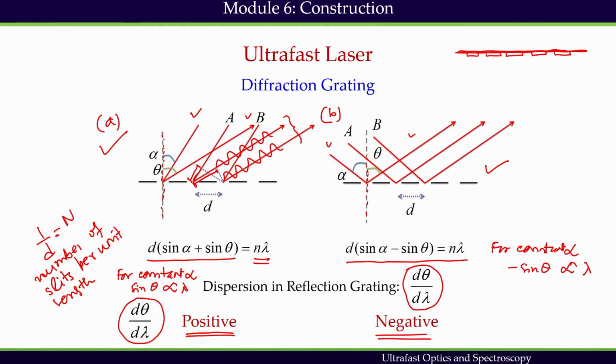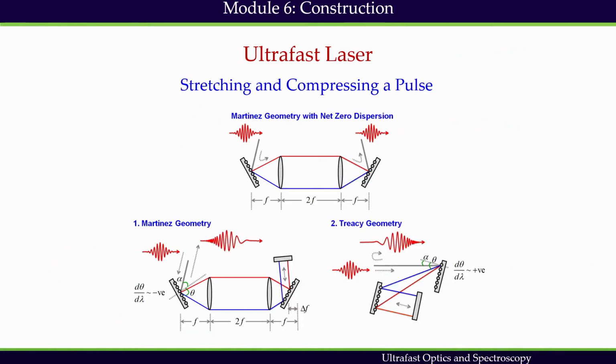So, this is the feature of a grating, and given this information, if we again take a look at the stretcher or compressor in which we use gratings, we will be able to understand its action as well.